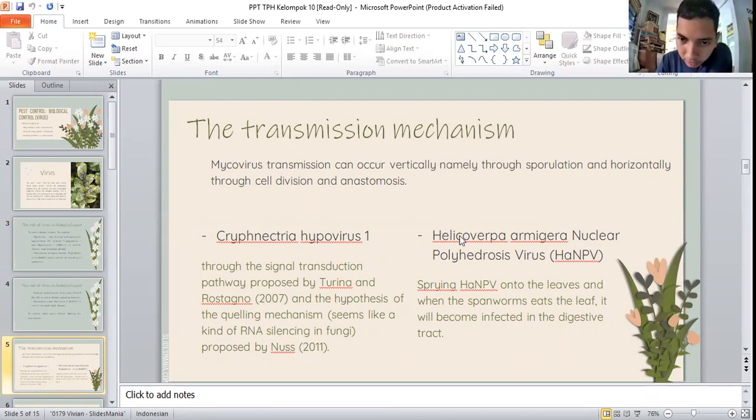Next, Helicoverpa armigera nuclear polyhedrosis virus. Spraying HaNPV onto the leaves, and when the spanworm eats the leaf, it will become infected in the digestive tract.